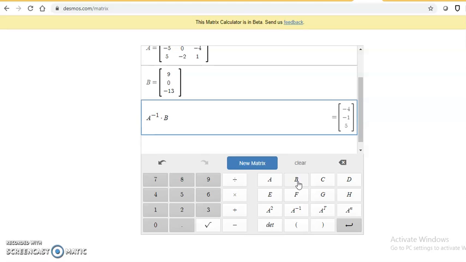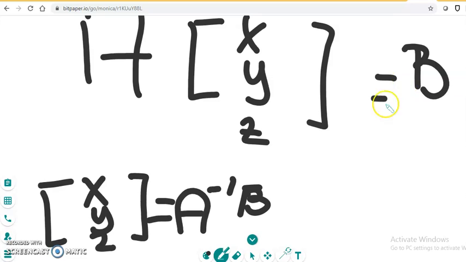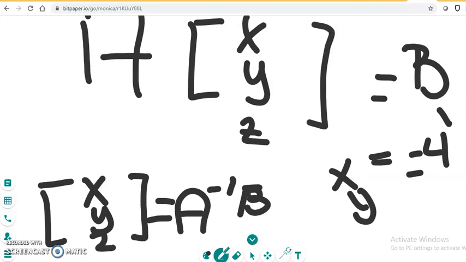So negative 4, negative 1, 5. And so that represents, going back up to my paper, X is equal to negative 4, Y is equal to negative 1, and Z is equal to 5. And I hope that this helps.